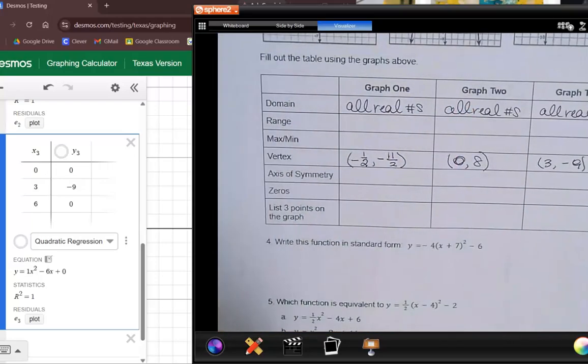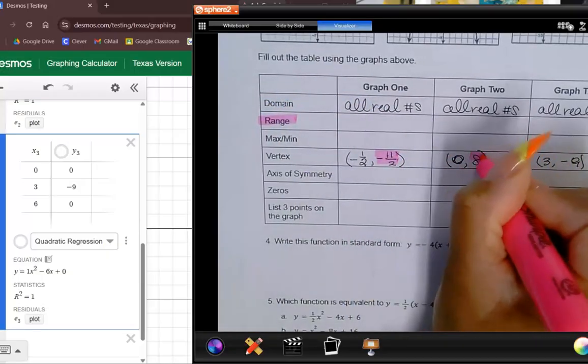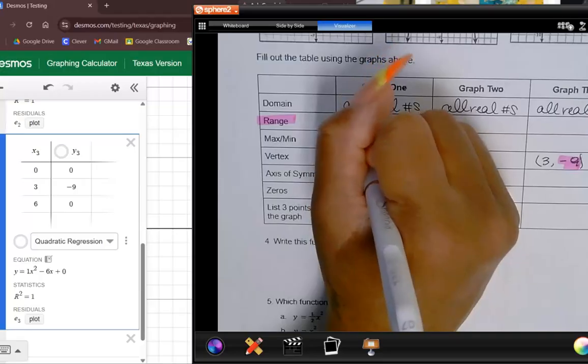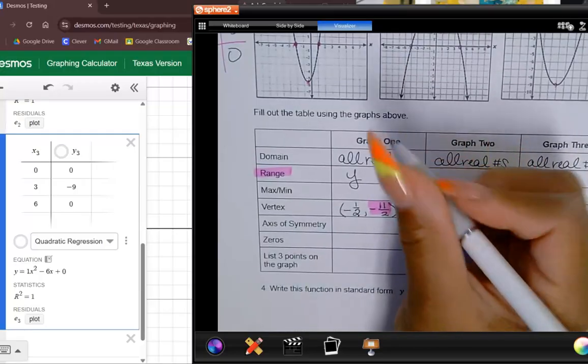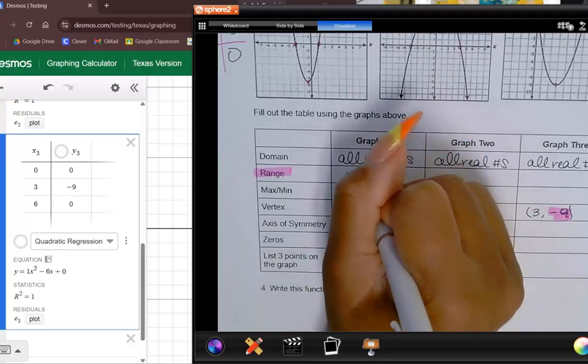So my range is contingent upon, like I said, the y value. Range, y. And it'll be y is, because this opens up, it has a minimum.